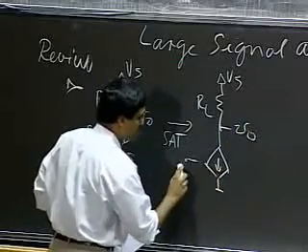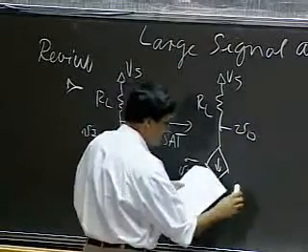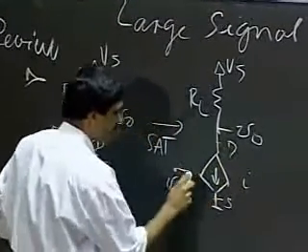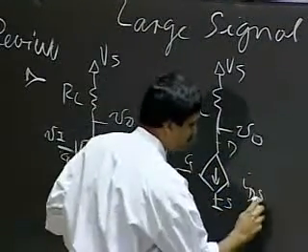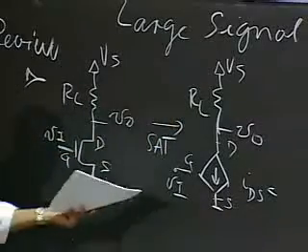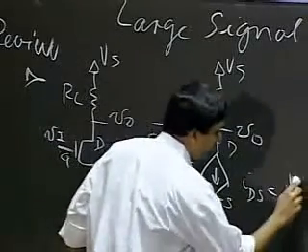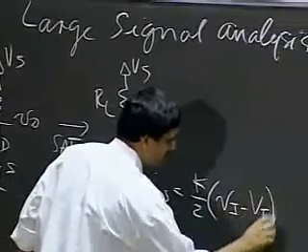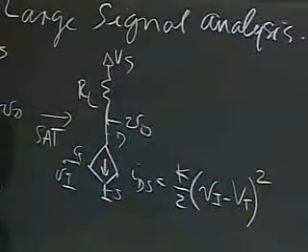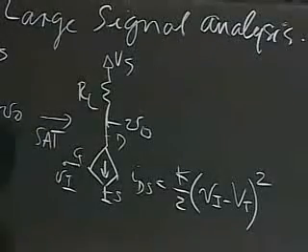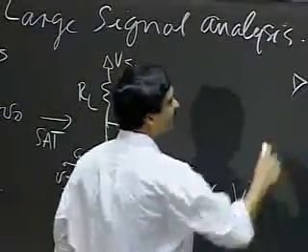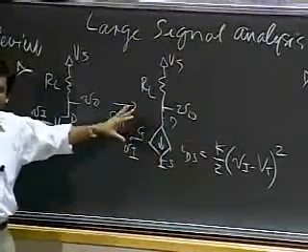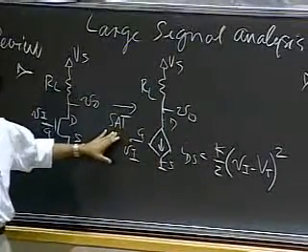V naught, Vi, and IDS for the dependent source was given by, all right. So this was an amplifier. Here was the equivalent circuit while this device was in saturation.